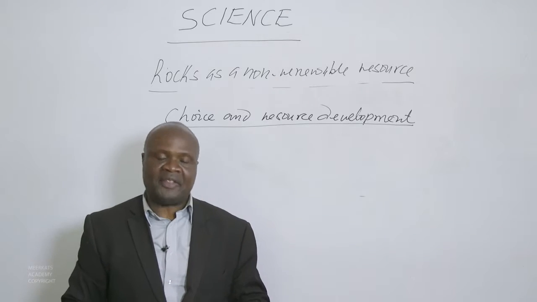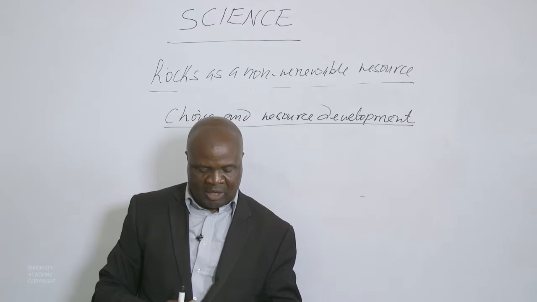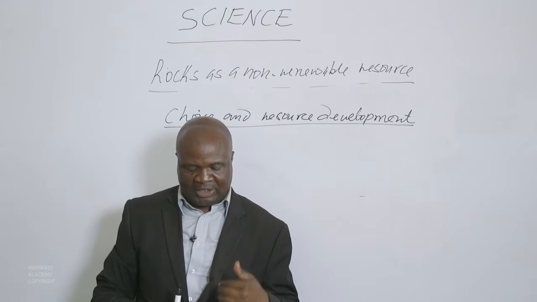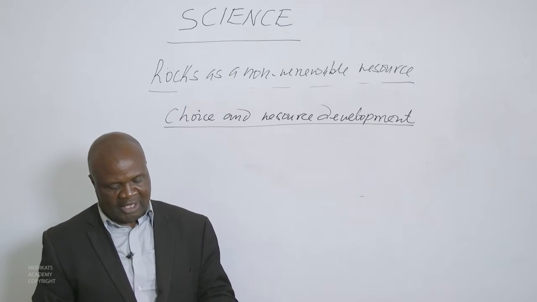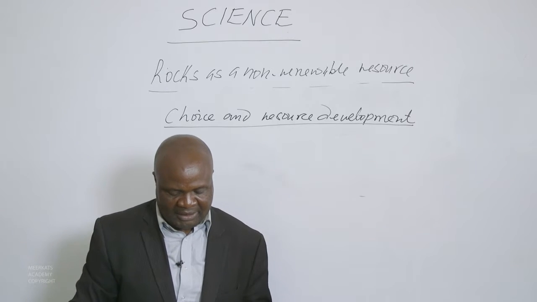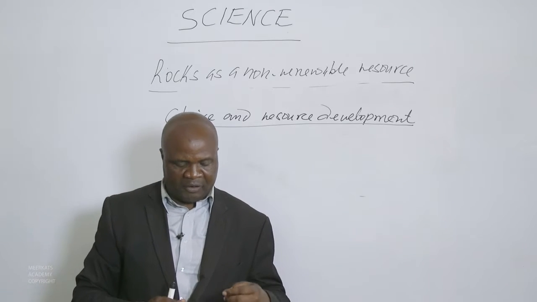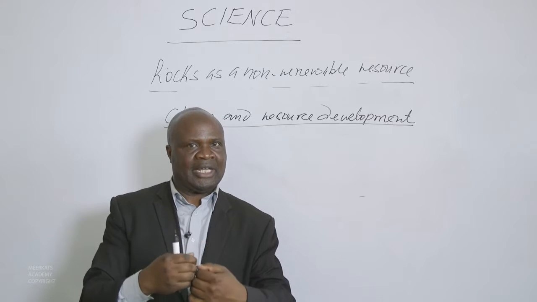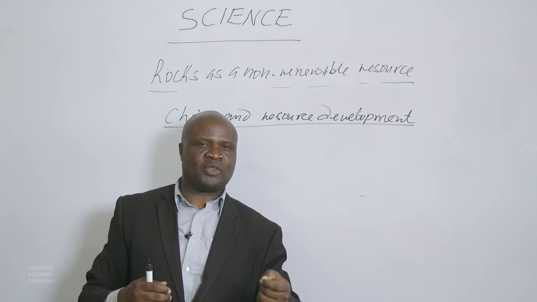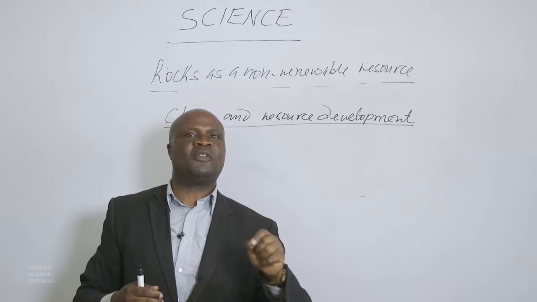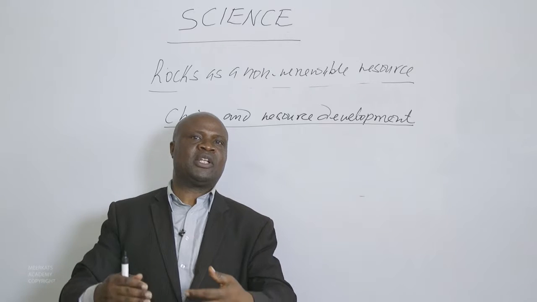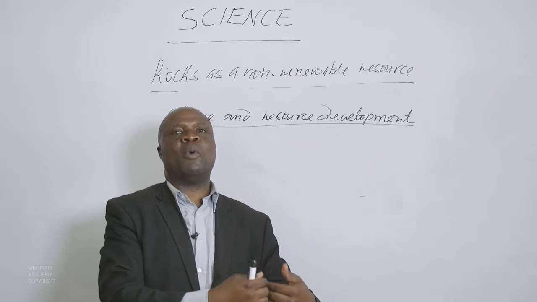We are saying the economic benefit gained from mining a particular resource is affected by the changing prices obtained for that particular resource. If we are mining a particular mineral and so forth, what are the prices of that resource? If the prices are high, then we know that if we mine it, we are going to make more money.